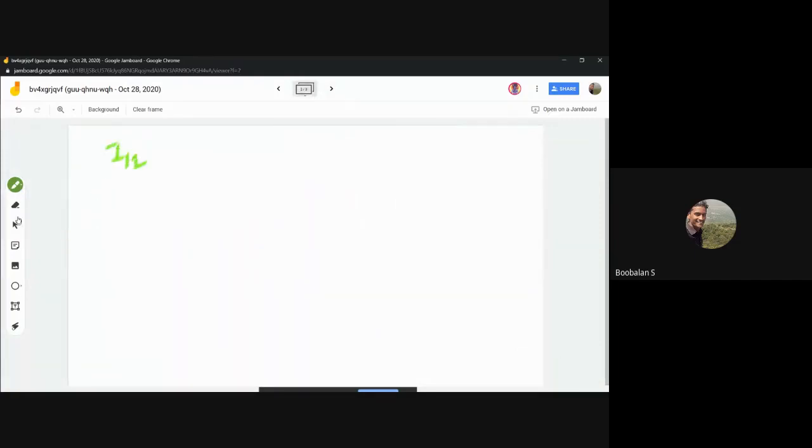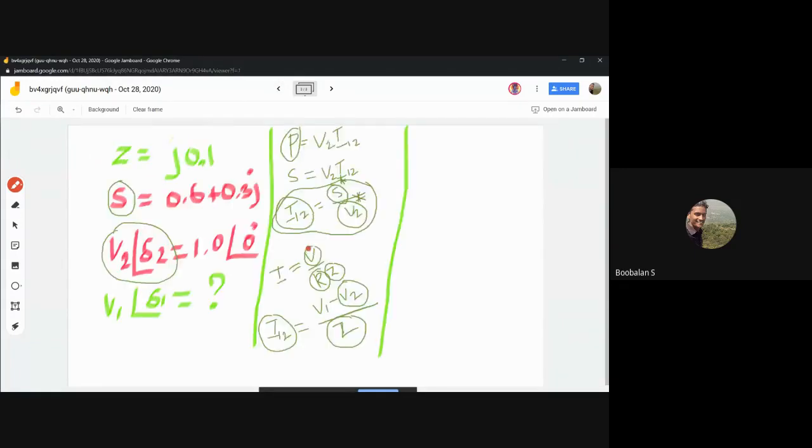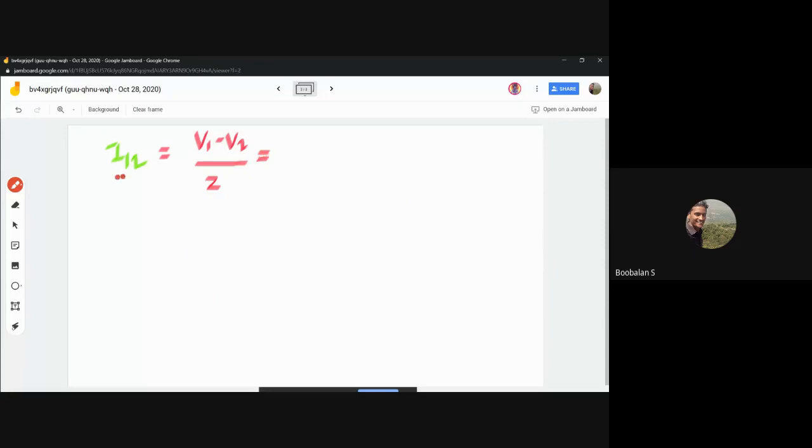I12, right? I'm going to use a different color. I12 equal to V1 minus V2 divided by Z. Instead of calculating it directly, I'm going to calculate I2. How have we written I2 now? In the form of apparent power divided by V2 voltage, right? I'm going to replace this entire I12 with apparent power S complex conjugate divided by V2 complex conjugate.